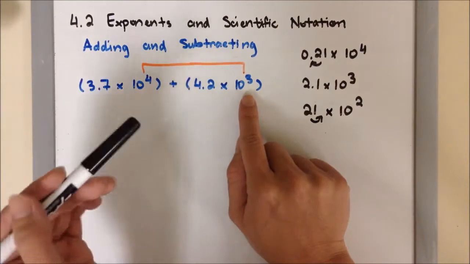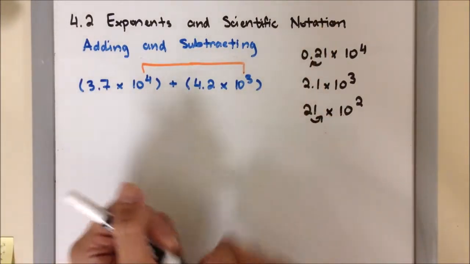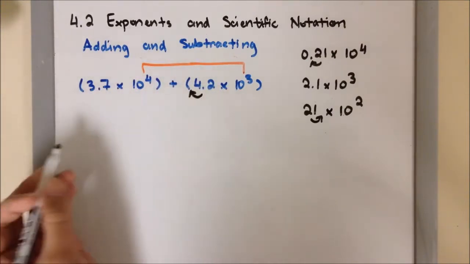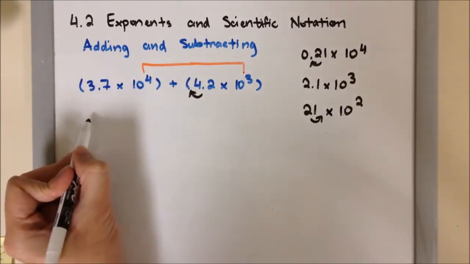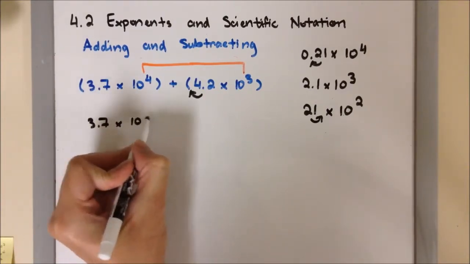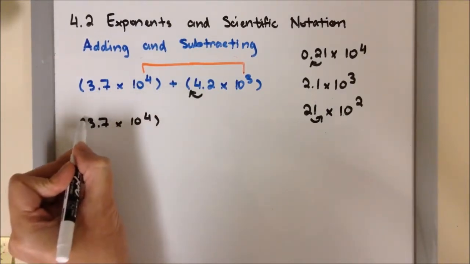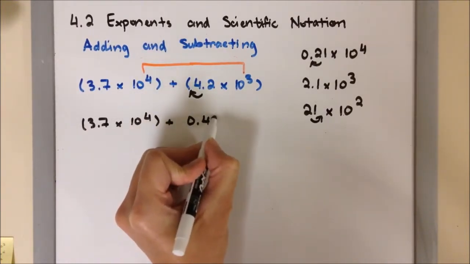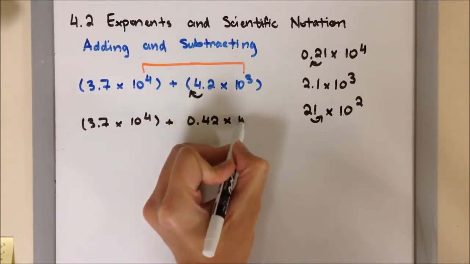Since I want to go from 3 to 4, that's 1 unit, I'm going to move my decimal just 1 time to the left. So my new problem is 3.7 times 10 to the 4th plus 0.42 times 10 to the 4th.